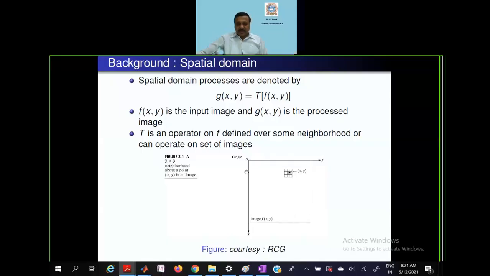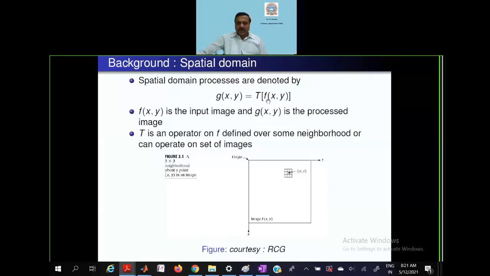So imagine that I have an image of some dimension, say m comma n. What spatial domain processing does is, it uses a specific neighborhood and takes a decision based on the entries in this neighborhood. So I'll use an operator T, and this operator T will be applied on the original image, on a specific neighborhood, and whatever output I get after applying this, I will copy it, and what I get is a processed image.